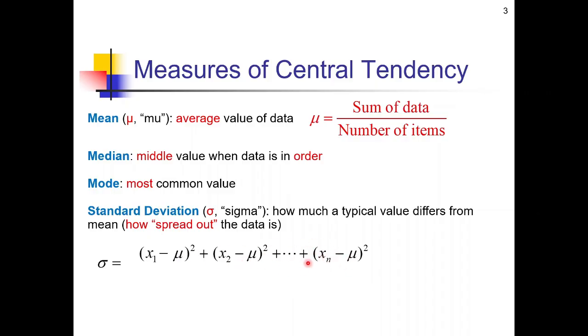Then, whatever sum we get, we take the average of that sum using the number of data items. When we do this, we end up with something called the variance. If you take the square root of the variance, that gives you the standard deviation. So this is how you could actually calculate it by hand if you needed to. But in any case, it's important to know that we are getting this by using the mean of the data.